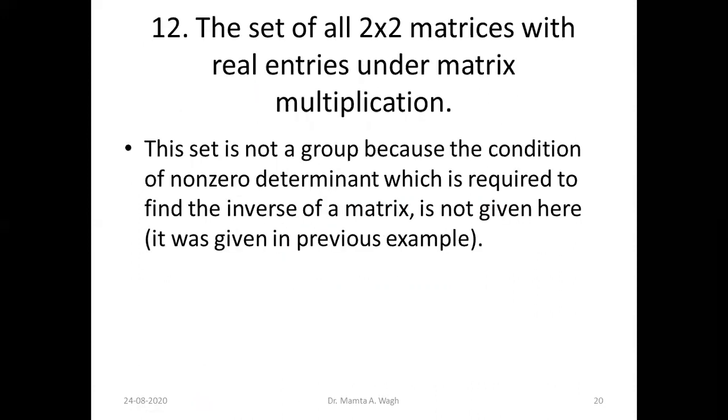Next is this example: the set of all 2 cross 2 matrices with real entries under matrix multiplication. In the previous example we had all 2 cross 2 matrices with real entries and non-zero determinant. That condition is not present here. We are just having 2 cross 2 matrices with real entries under matrix multiplication. So this set will not be a group.